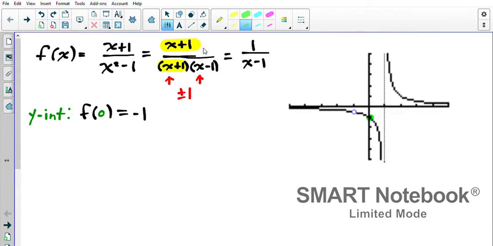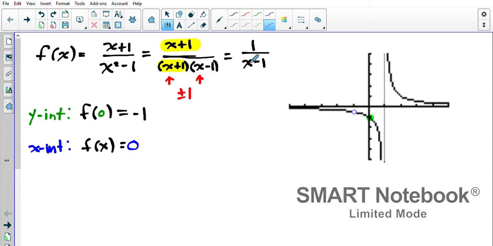So now, what about the x-intercepts? So remember, same as it's always been, x-intercept is telling me that f of x, the y, is 0. And this is where we go up here and go, oh, well, y is a fraction. And fractions are only 0 when the numerator is 0.